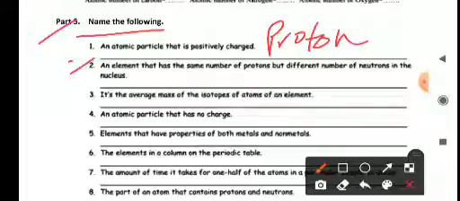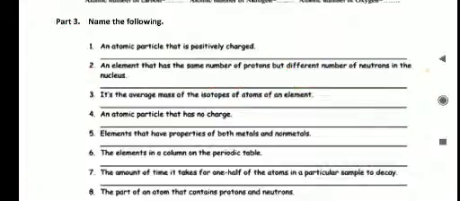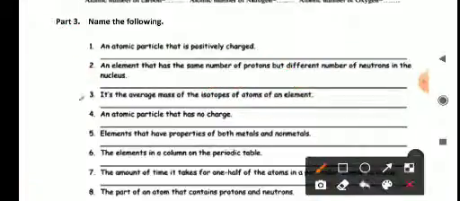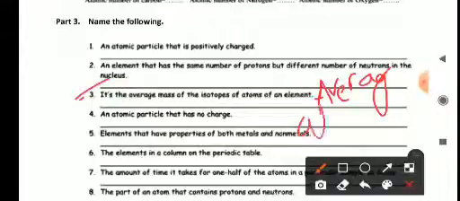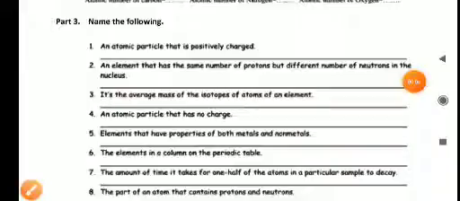Number 2, an element that has the same number of protons but a different number of neutrons is called an isotope. Third, the average mass of the isotopes of atoms of an element is called the average atomic mass.